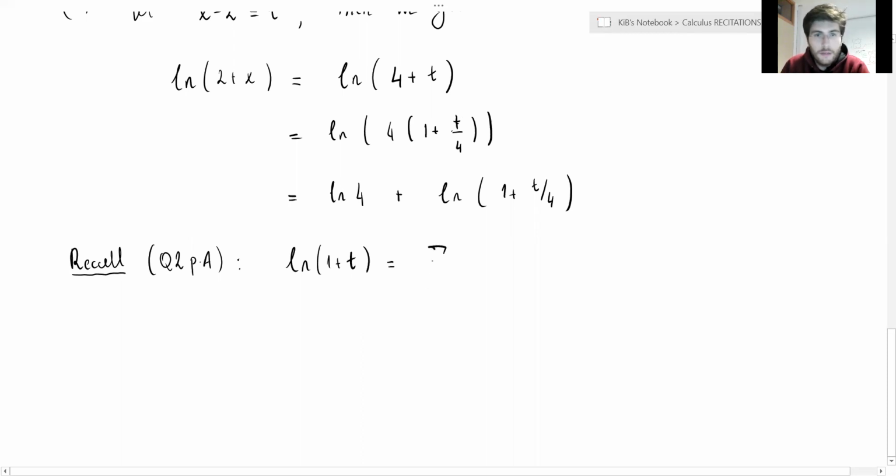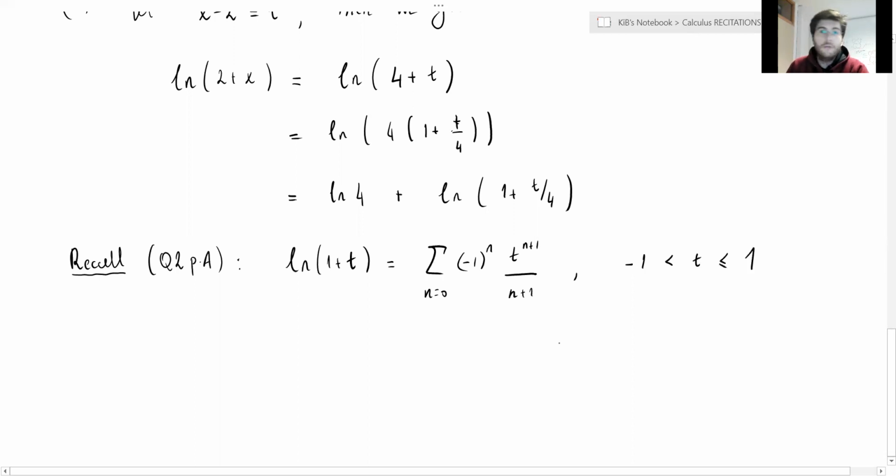What was it? Let me write it down. Minus 1 to the n, t to the n plus 1, divided by n plus 1. We should be careful with this. This is not true in general. Remember, we checked the endpoints because we did a kind of term-by-term integration.